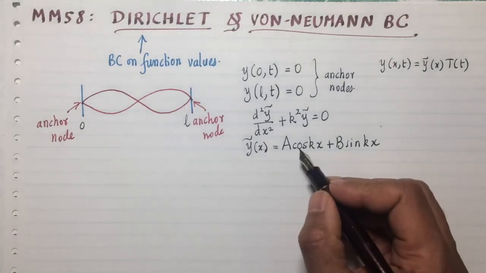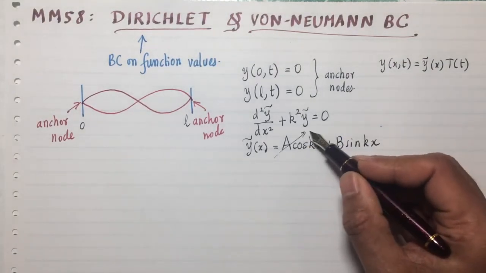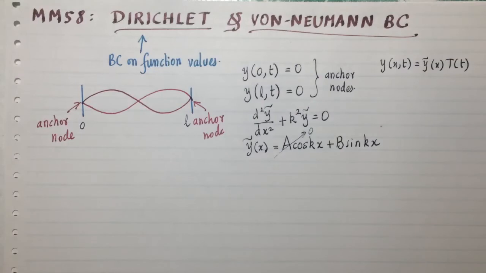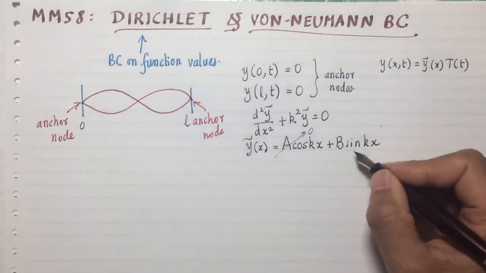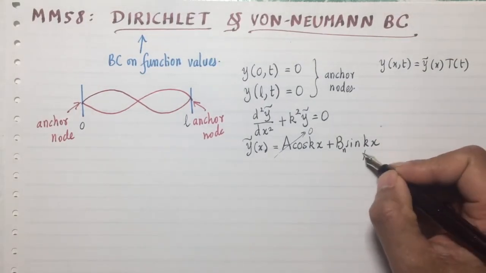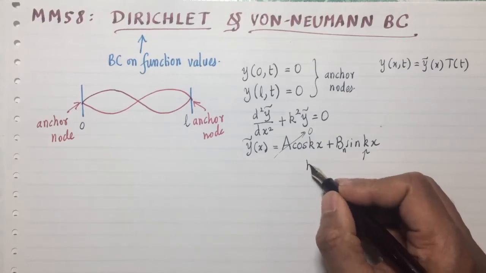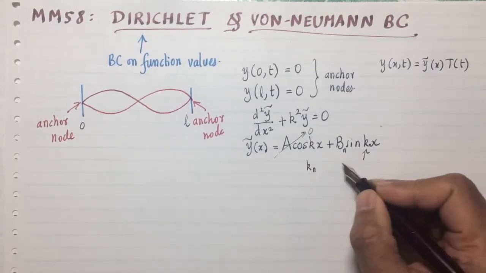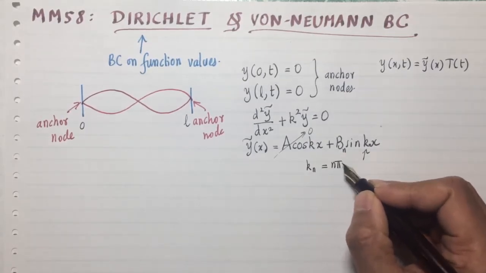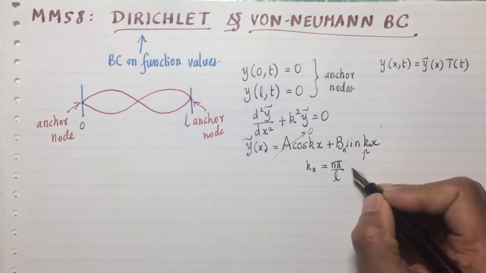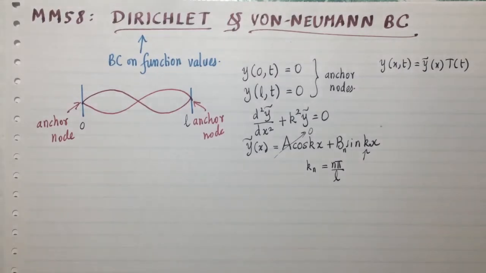Now the first anchor node condition will say that the constant a is 0, and the second anchor node condition will put a quantum number here and will put the value for k to be kn equals n pi over L. That's the quantum number kn. And so this way you can get the full space solution.